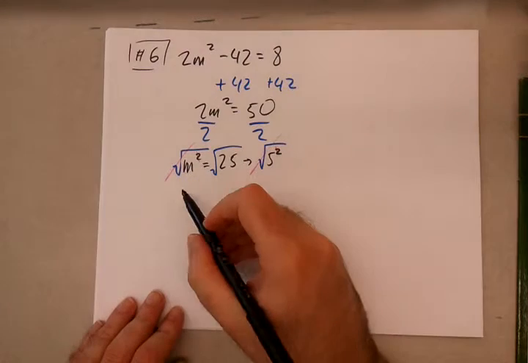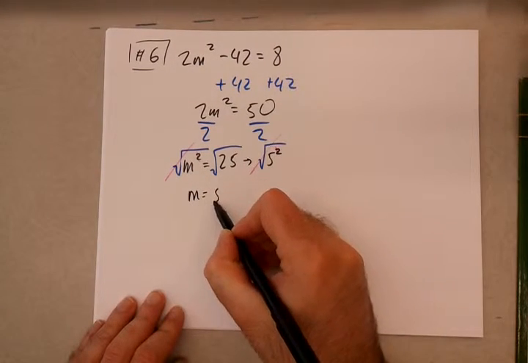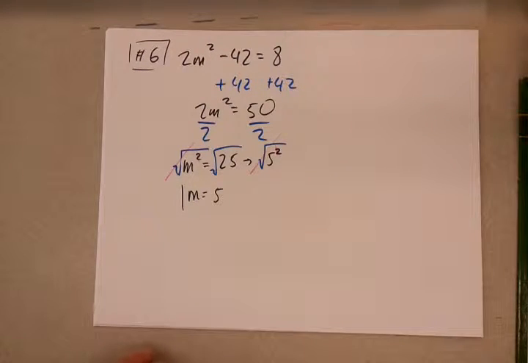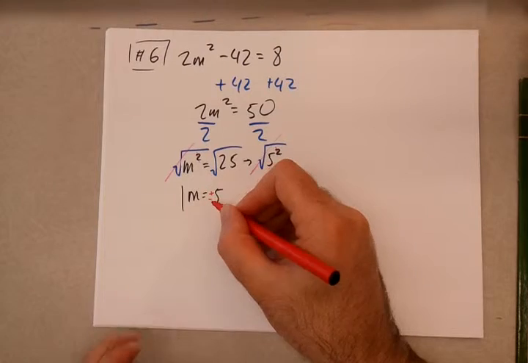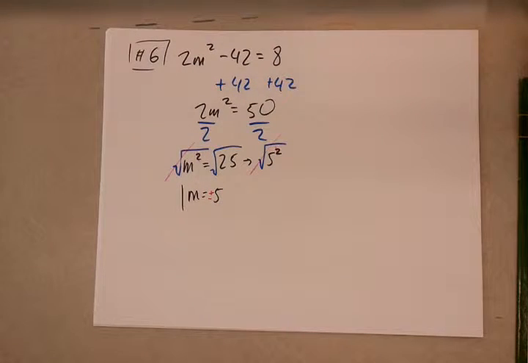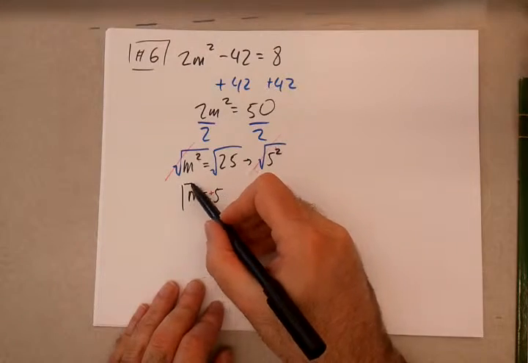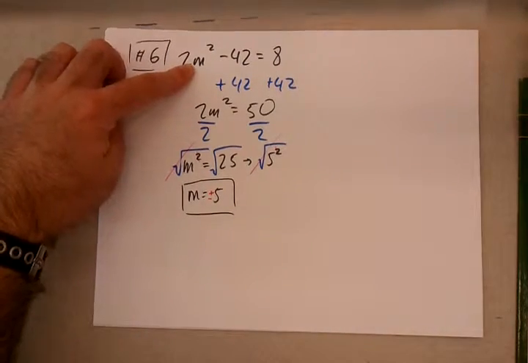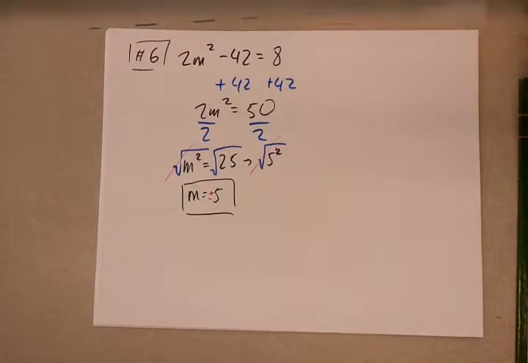So eventually you're left with m equals 5, which is actually m equals plus or minus 5, because both the positive and the negative outcome will work here. So m equals plus or minus, and yes, you have to designate that. I almost forgot. If you put either a positive or negative 5 in for the m over here, it'll make this equation true.